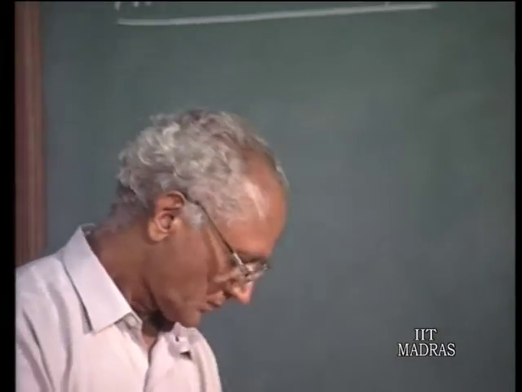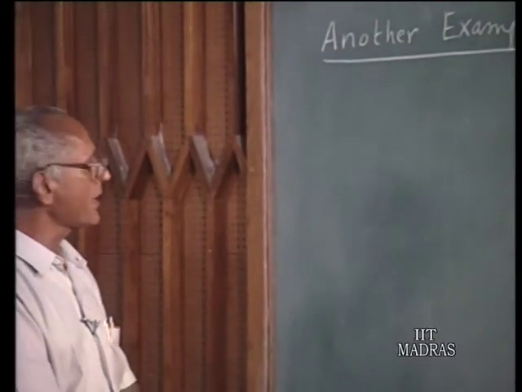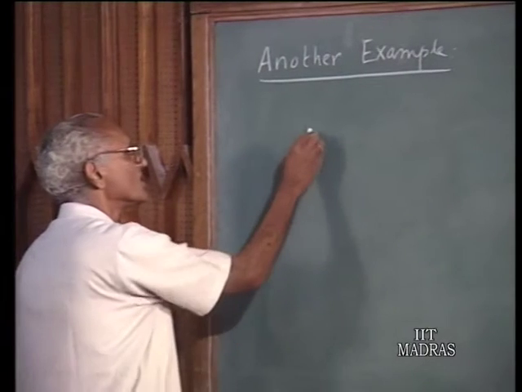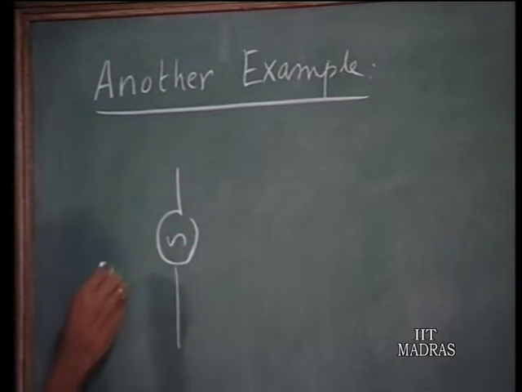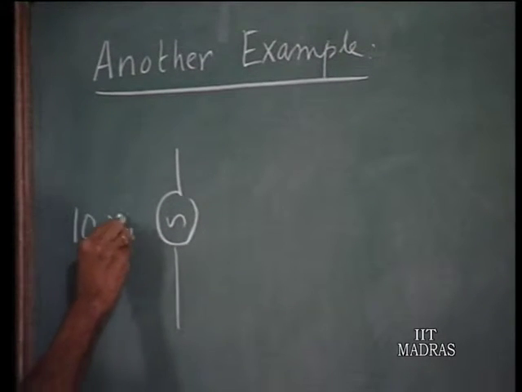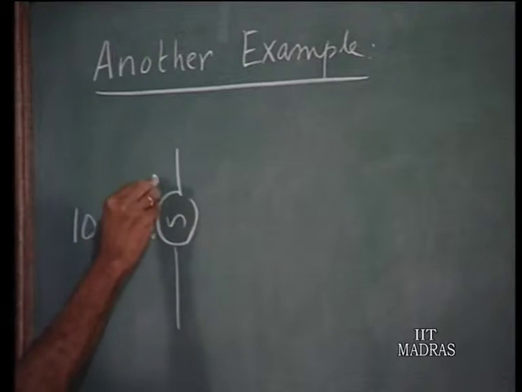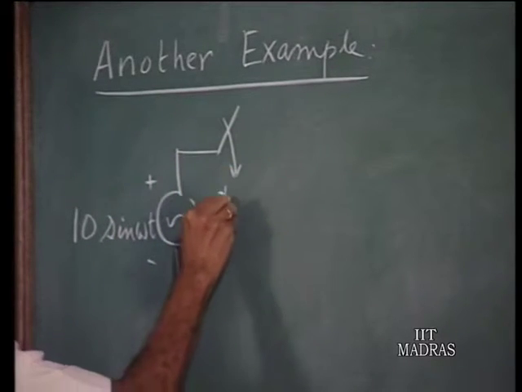Let us now consider another example in which the Laplace transform technique is applied to a circuit containing sinusoidal sources. So, you have a sinusoidal voltage source of 10 sin omega t as the voltage, and the switch is closed at t equals 0.